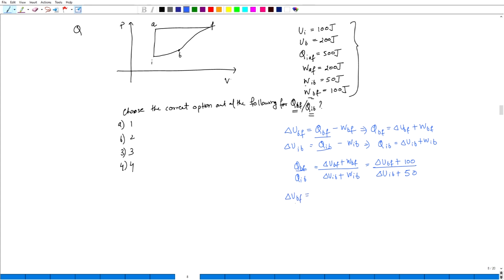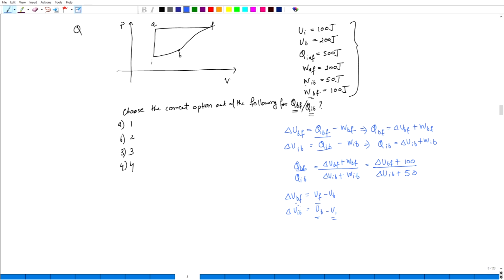As I told you, delta UBF is nothing but UF minus UB, and delta UIB is nothing but UB minus UI. So I have UI, I have UB, I need to find UF.